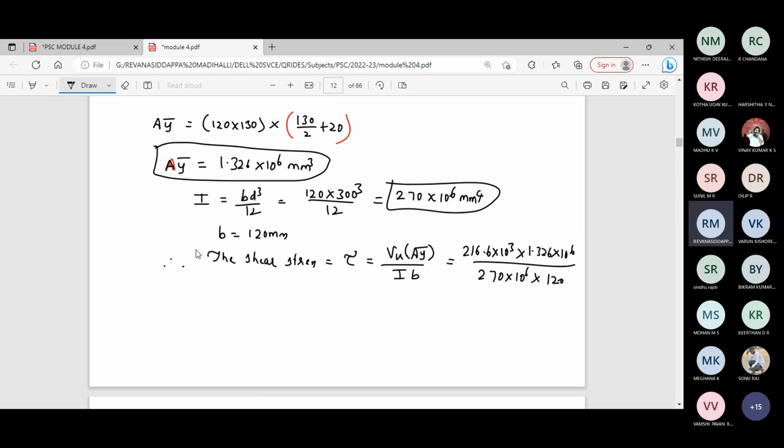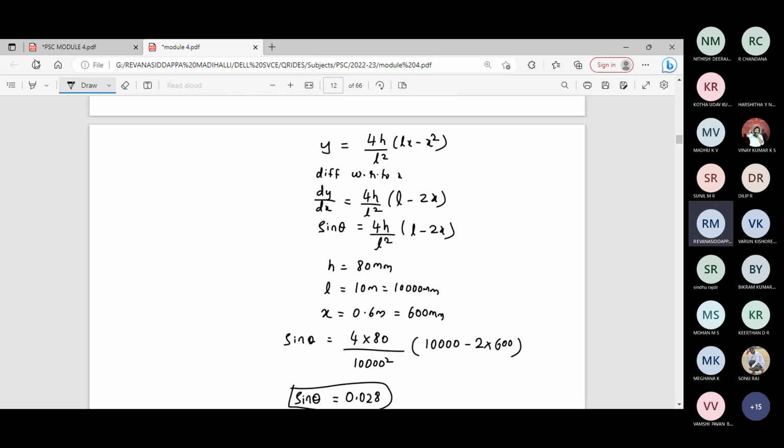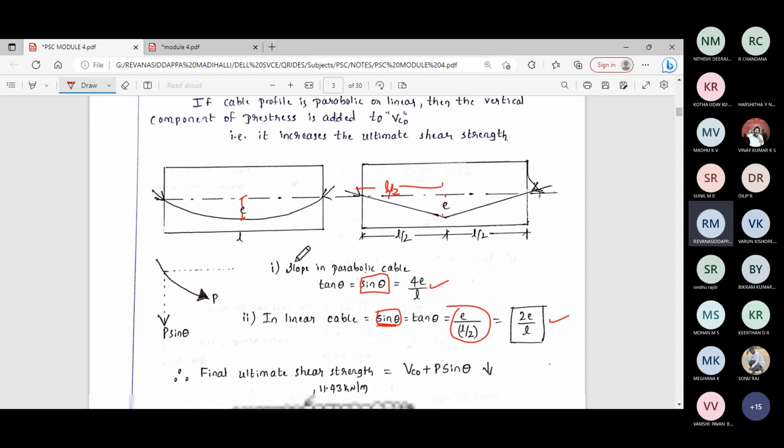The final answer is tau v is equal to 8.86 Newton per mm square. Now you got the value of tau v.